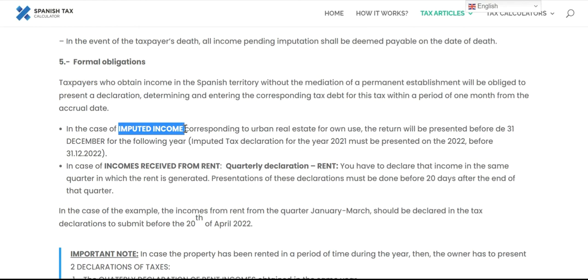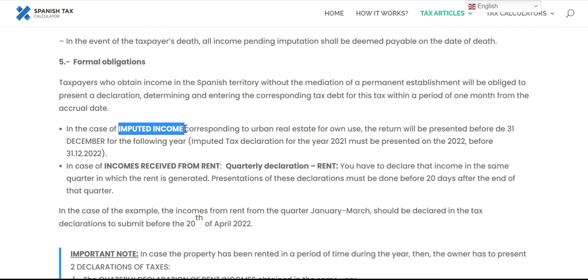It has been a disputed concept for years in tribunals and European commissions, with people claiming, being surprised, that they have to pay for a secondary property when there is no income obtained from that property.